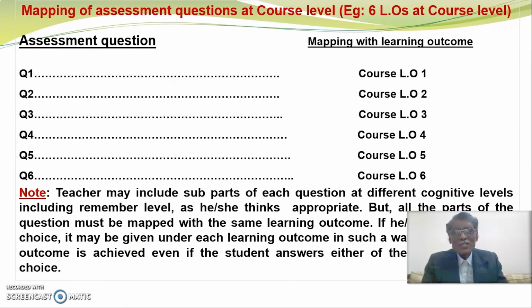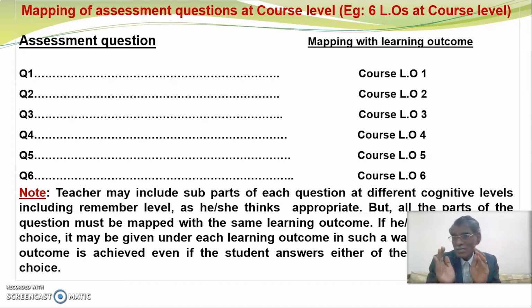Now, mapping of assessment questions at course level, for example, 6 LOs. There should be 6 questions, each question mapping with one course level learning outcome. Here also, each question may consist of different parts as the teacher thinks, but in every question, there must be more than one cognitive level, including remember level, right?